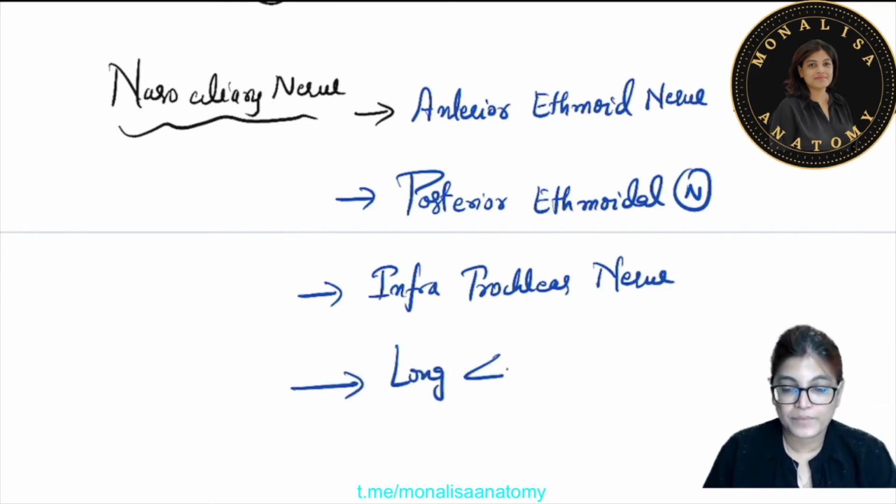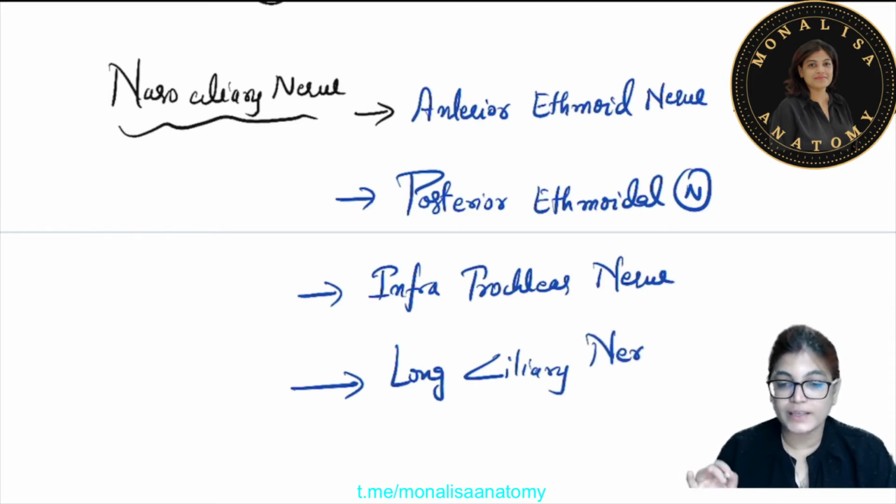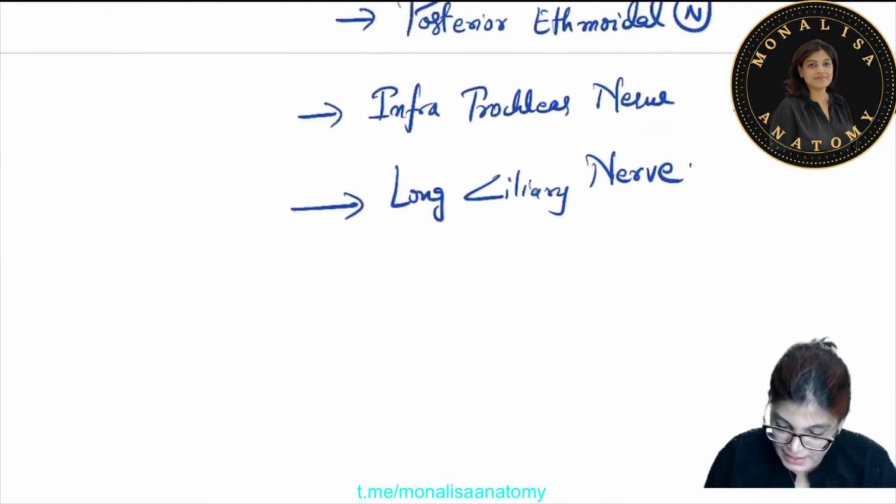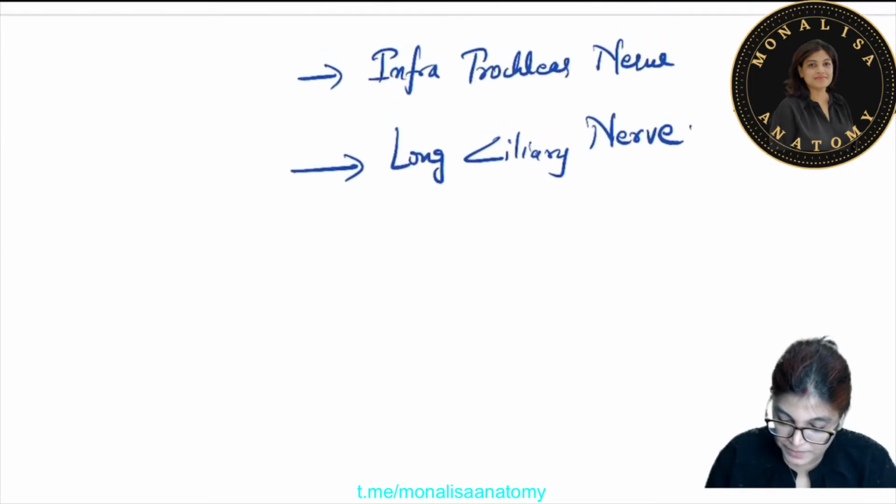So these are the branches of the nasociliary nerve, and the anterior ethmoidal nerve's terminal branch is called the external nasal. So write down the details.